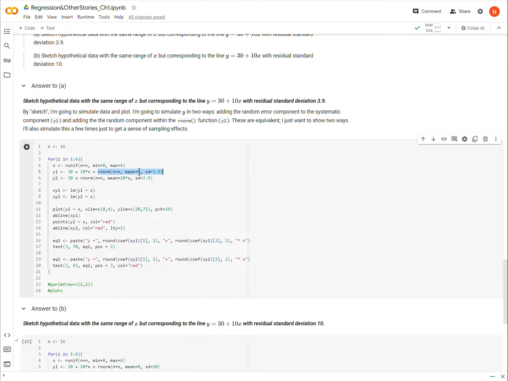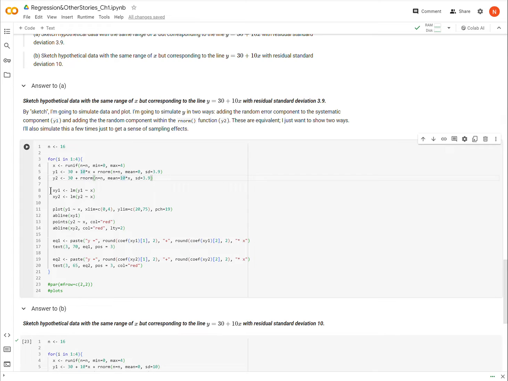Our error in a normal linear model has an expected value of 0, and it moves around that with the standard deviation. The second way, which I'm calling y2, is equivalent to y1, but I'm putting the standard deviation into my expression for the slope. So these are just two ways of doing it.